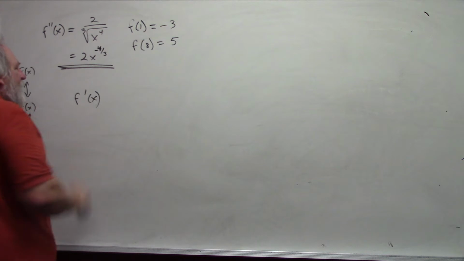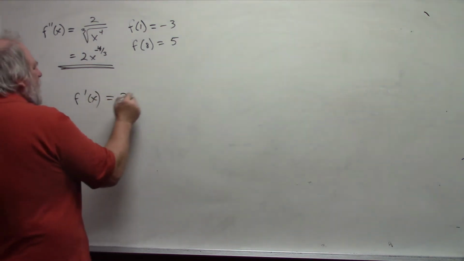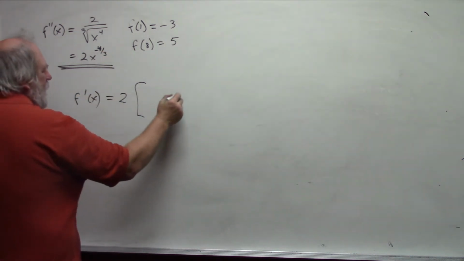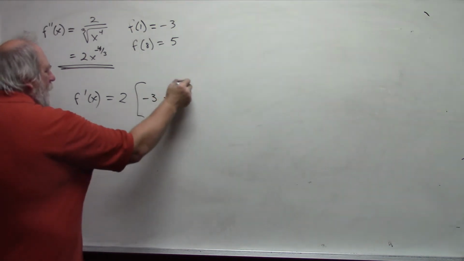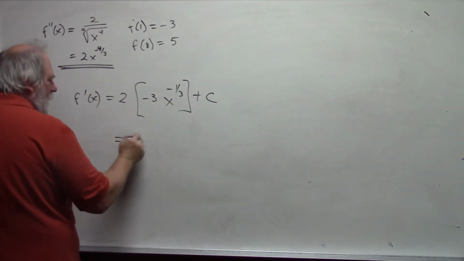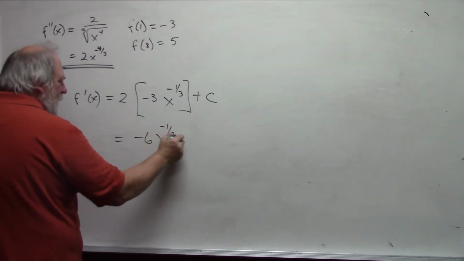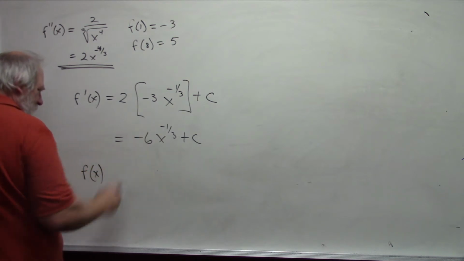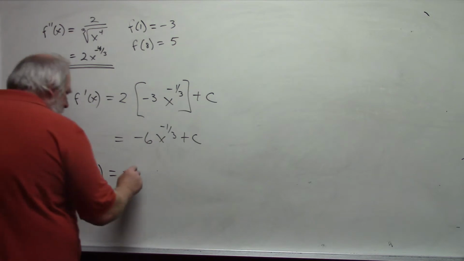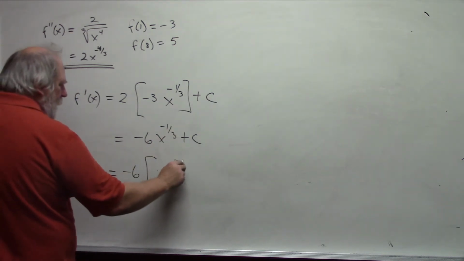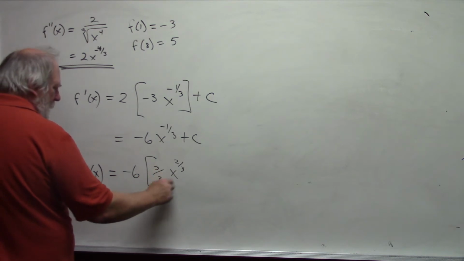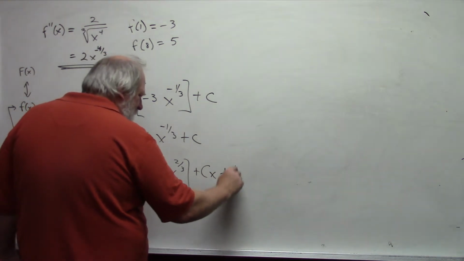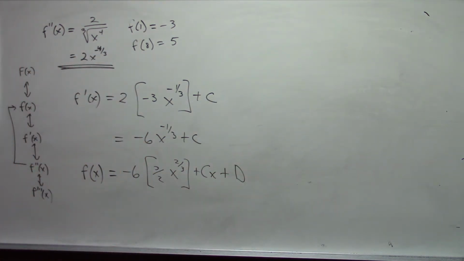And so therefore, f prime of x would be 2 times, I'm taking the antiderivative of this, add 1 to your exponent, reciprocal, plus c, or negative 6 x to the negative 1/3 plus c, which means that f of x, the antiderivative of that would be add 1, take the reciprocal, the antiderivative of a number, c, is c times x, and I still have another constant, in this case, d.